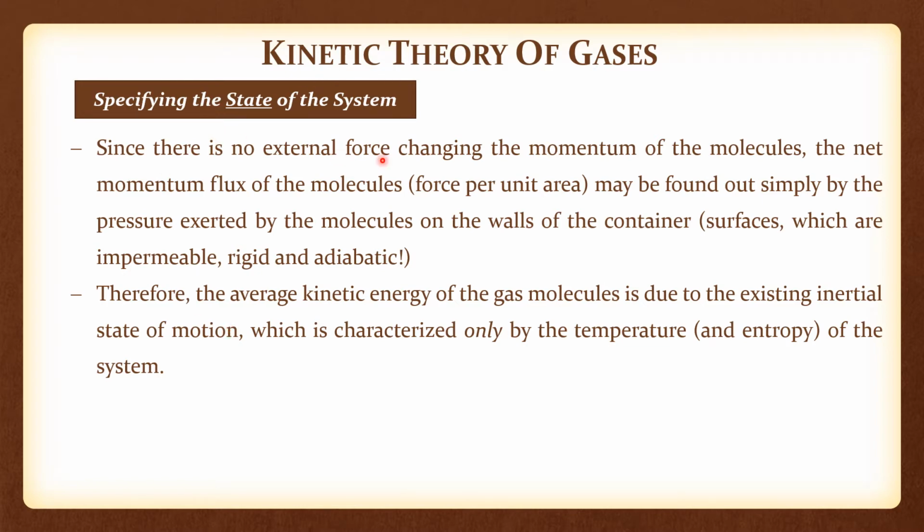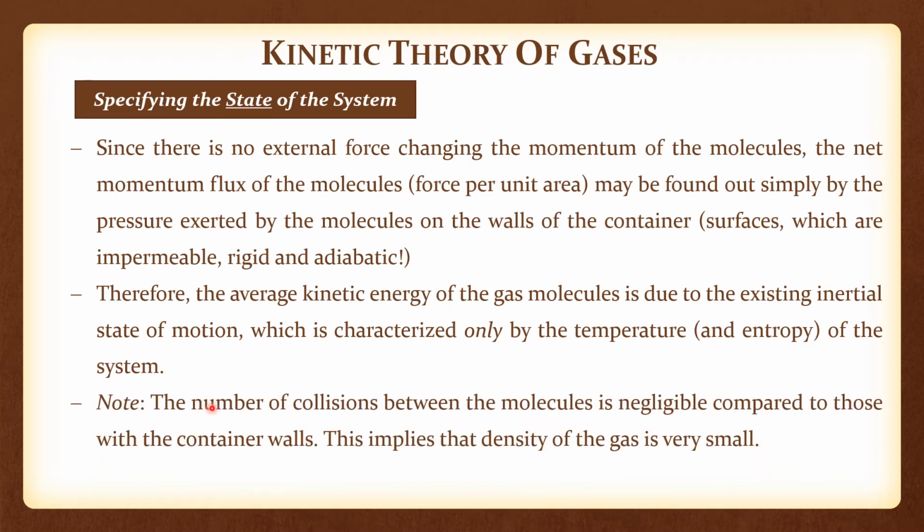And since there is no external force changing the existing inertial state of these gases, the average kinetic energy of the gas molecules is only due to the existing inertial state of motion. The molecules are in some state of motion and they continue to be in that same state of motion, which is characterized only by the temperature, and of course again I'm throwing in thermodynamics here.